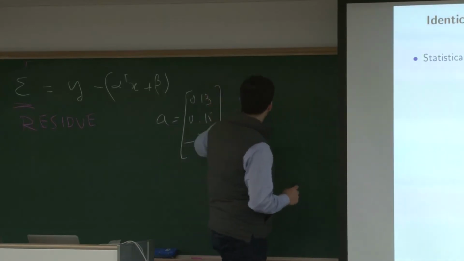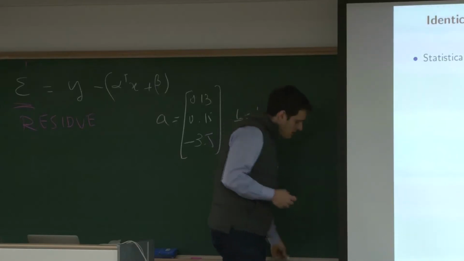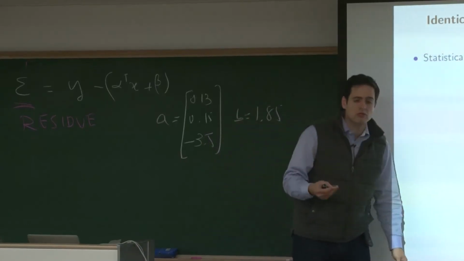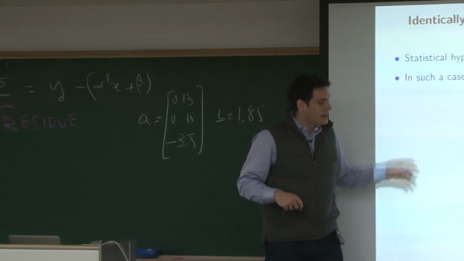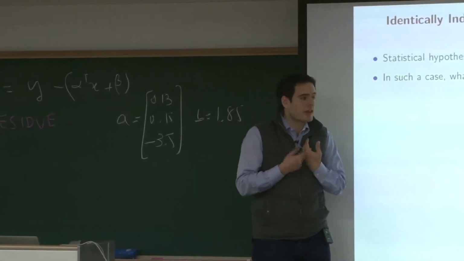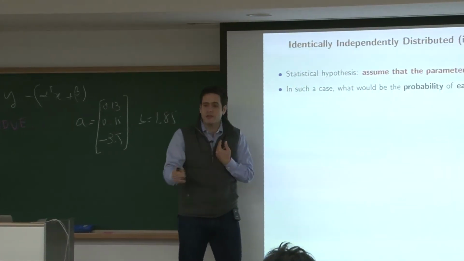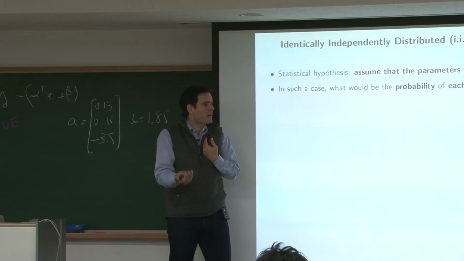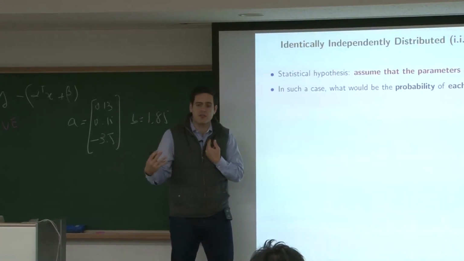And B is equal to 1.85. Okay? So let's assume also that those are the values that generated the data. In such a case, if I assume that the values alpha and beta are A and B, what is the probability that each observation that someone gave me appears?